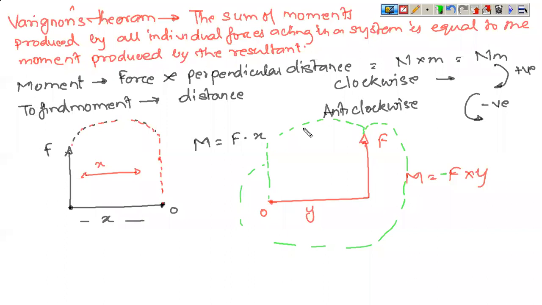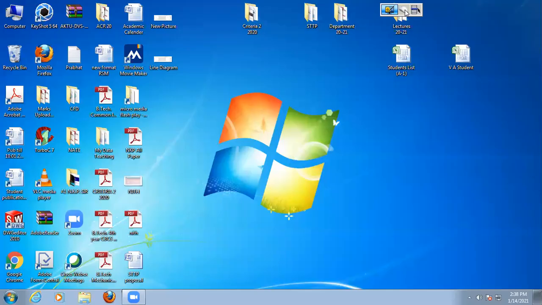Okay. So now let us come to the proof of Varignon's theorem. We have seen the statement of Varignon's theorem: the sum of moments produced by all individual forces has to be equal to the moment produced by the resultant taken about the same point.